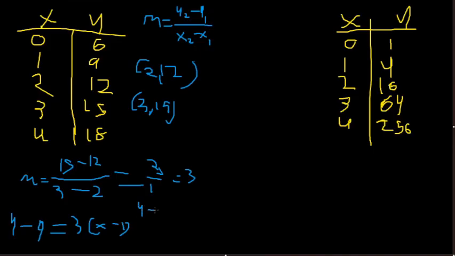So we have y minus 9 equals 3x minus 3, add 9. So the product is y equals 3x plus 6.